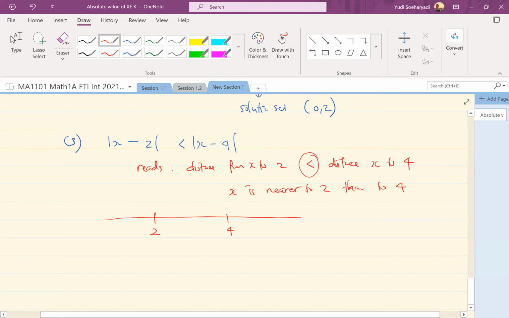Let's determine whether x is nearer to 2 than to 4. We have 3 cases, right? If we choose x here, for sure this is closer to 2 than to 4.